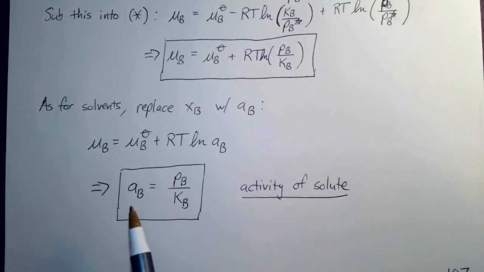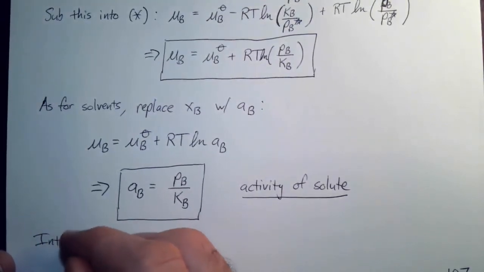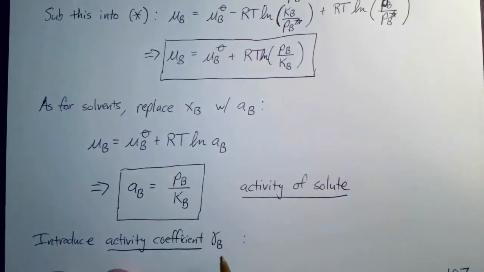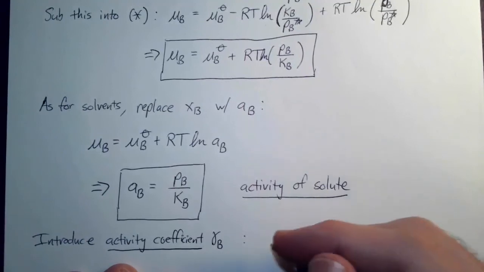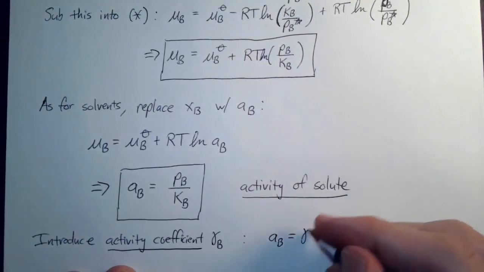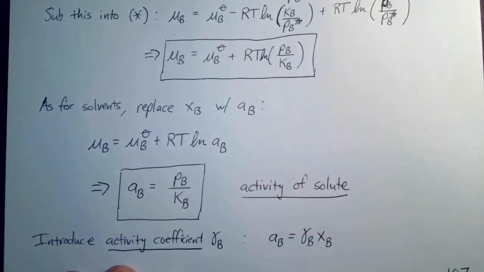And as before, I'm going to introduce the activity coefficient, which we call gamma B. And gamma B is the coefficient such that AB equals gamma B XB. So as before, this coefficient is encapsulating the non-ideal behavior.